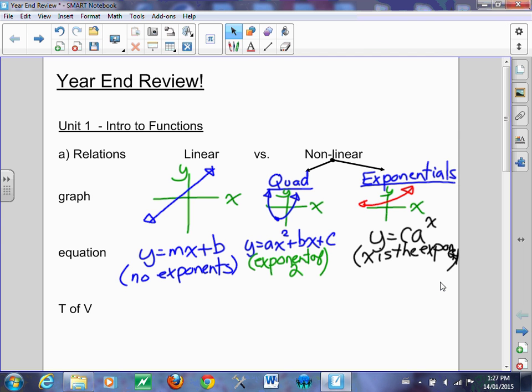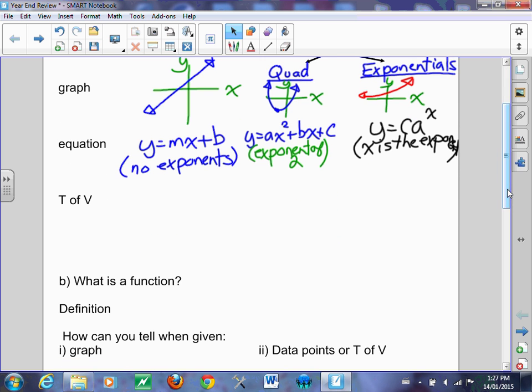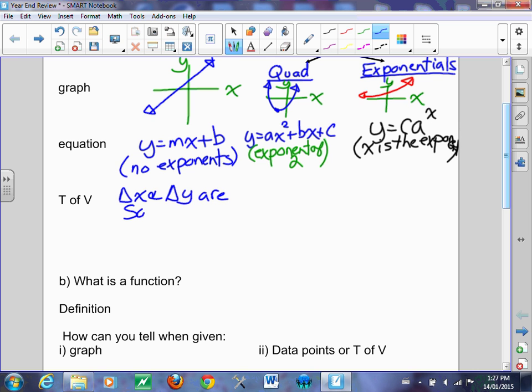All right, table of values. What does each tell us? So for a linear relation, you would do a table of values, and it would tell you that the first differences are the same. Okay, so that's the change in x and the change in y. We call those first differences, and they are the same or constant, and that's the first diffs.